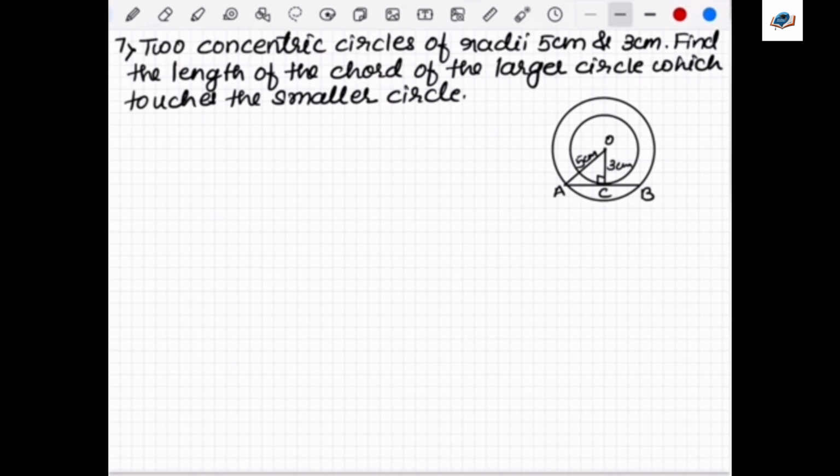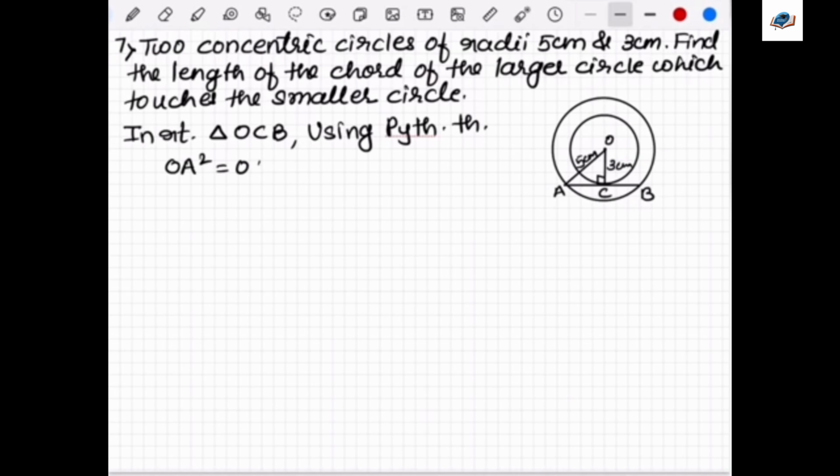Now I can say in right triangle OCA, using Pythagoras theorem, OA square equal to OC square plus AC square.